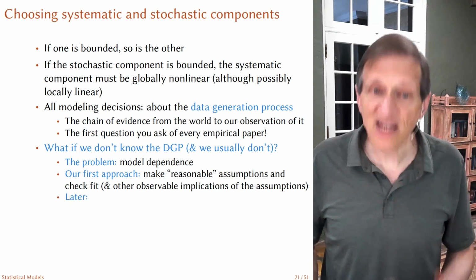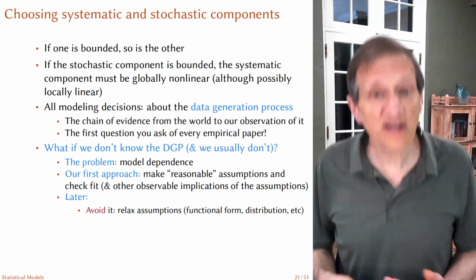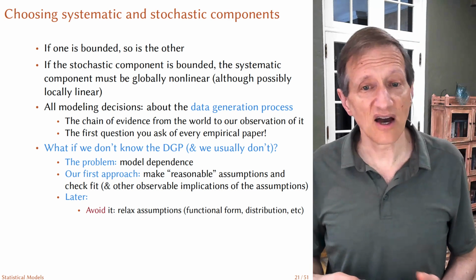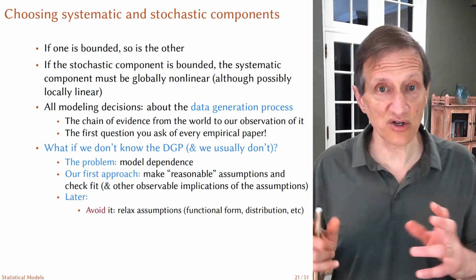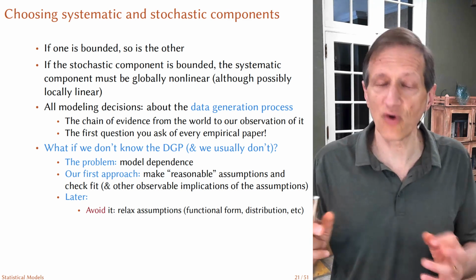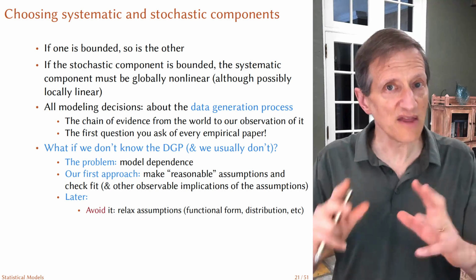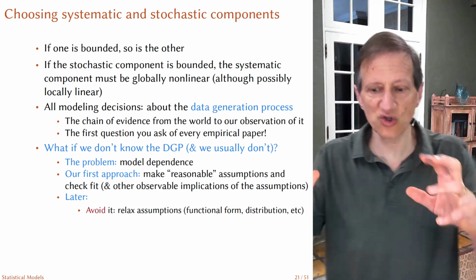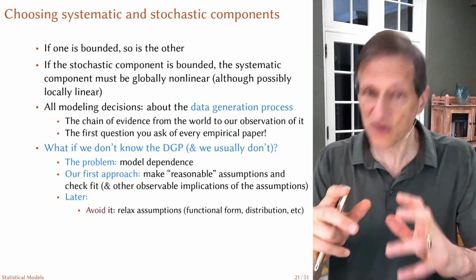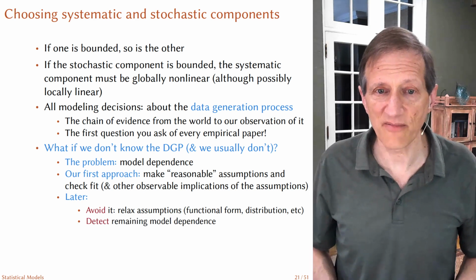We later on will avoid the model dependence by relaxing assumptions. We can choose more flexible functional forms in certain cases. We can choose more flexible distributions that allow us to choose within them the distribution that's more likely to be right.